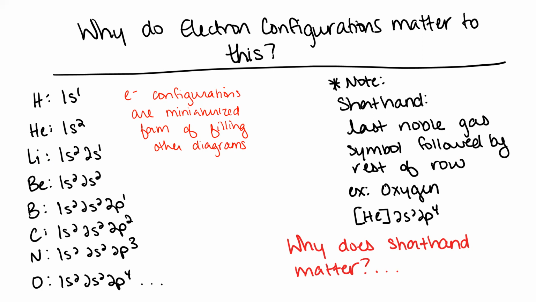So like with hydrogen, it's in the upper left-hand corner of the periodic table, the very first element in the 1s orbital. It's going to have a designation of 1s1. This 1 right here indicates the number of electrons in the orbital, in that energy level.